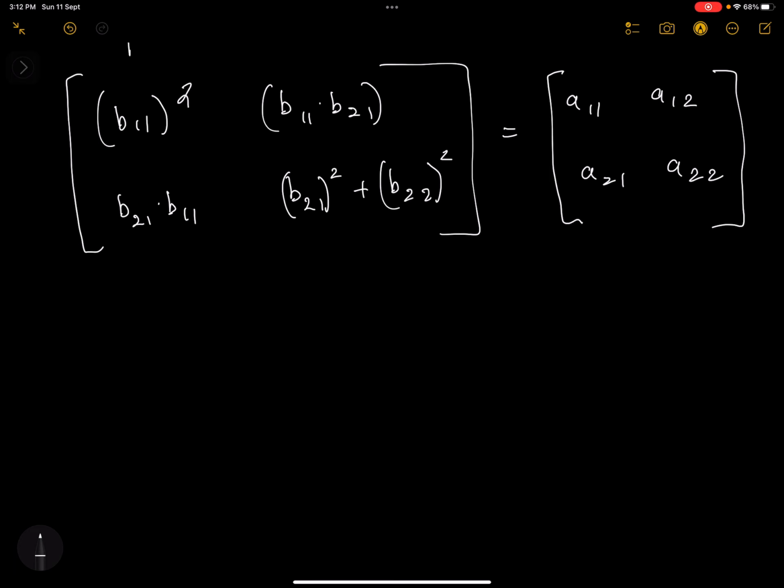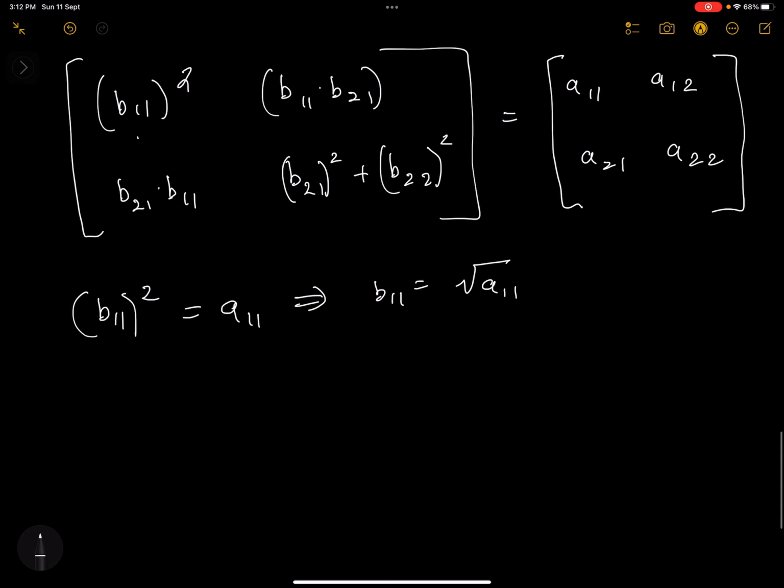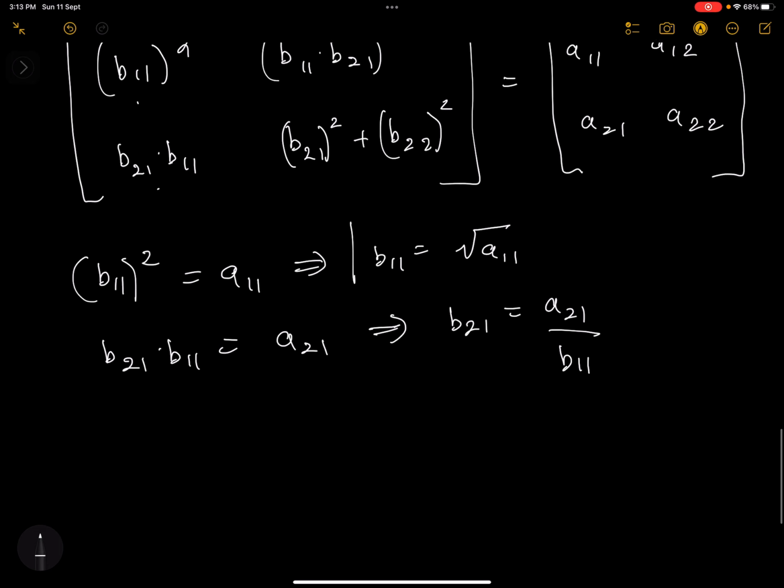So for example, this entry B11 squared should be equal to A11, which implies that B11 is equal to root of A11. Similarly, we can take this entry and write it as B21 into B11 is equal to A21. Given that we have the value of B11, we can solve for B21, which is equal to A21 divided by B11, right? So this is our first entry, this is our second entry.